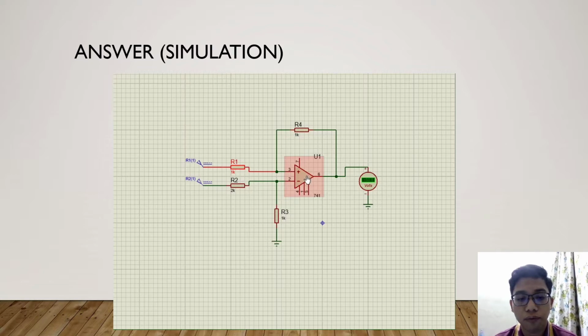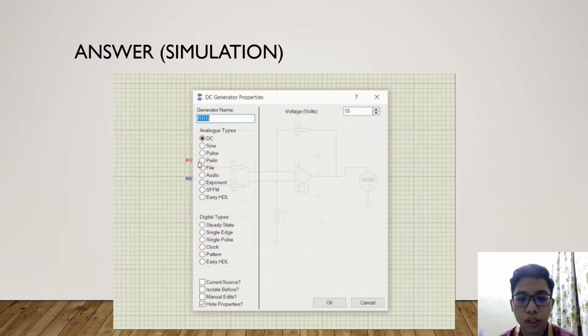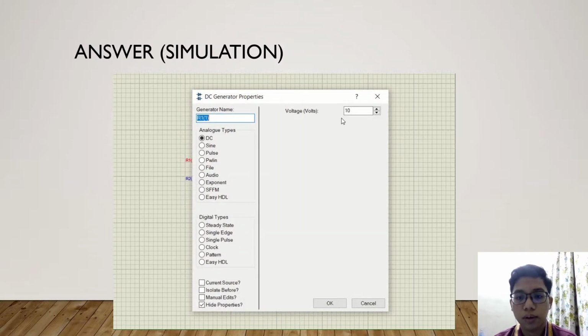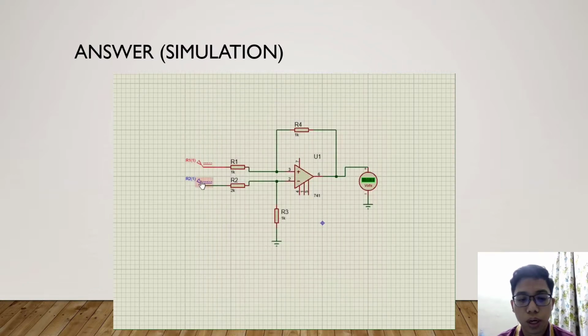Alright, and we have 2 DC voltage supplies, 10 volt for voltage 1 and 9 volt for voltage 2. So let us simulate, and as you can see there, we get the value of negative 4.01 volt.